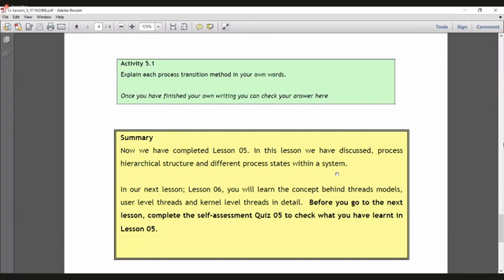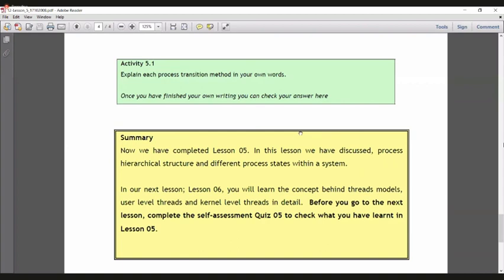Next lesson, you will learn the concept behind thread models. You may have heard of multi-threading in operating systems and so on. So you need to learn about this.